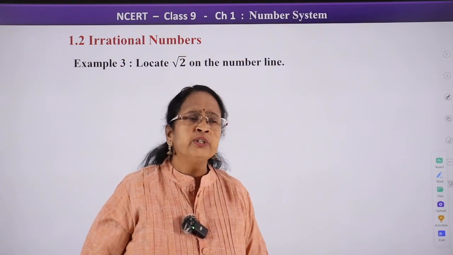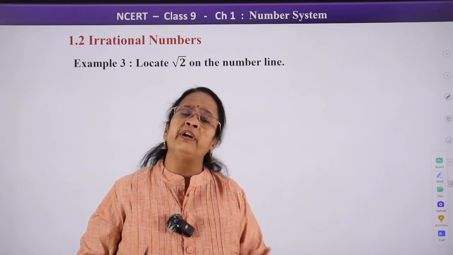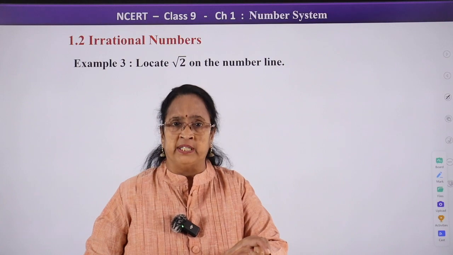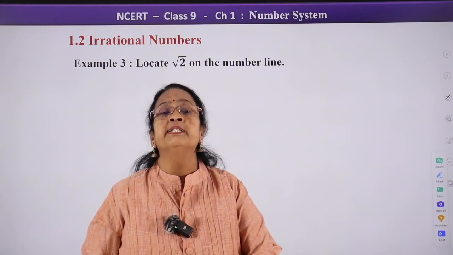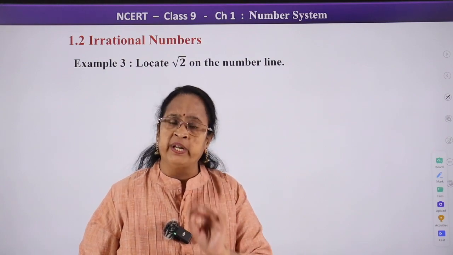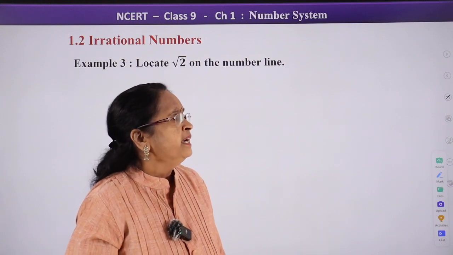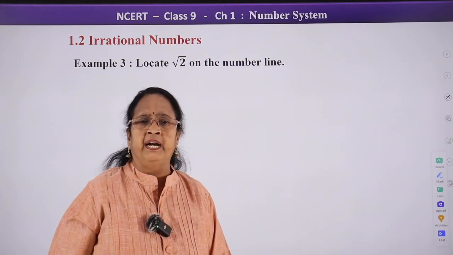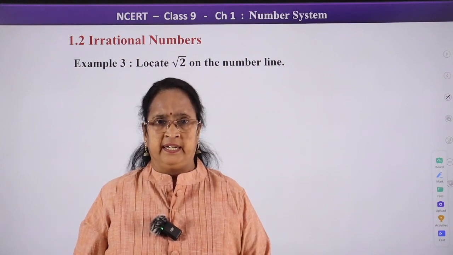So, these are a few rules. If you follow them, never will you go wrong in accuracy or the measurement of the line. Everything is measured correctly, including the angles. And while locating a point on the number line, we need a 90-degree angle.